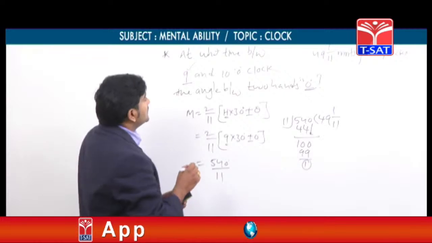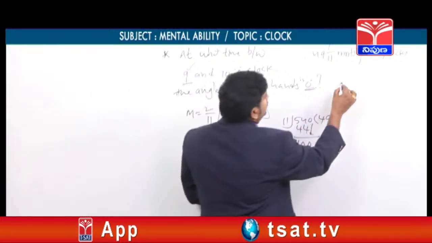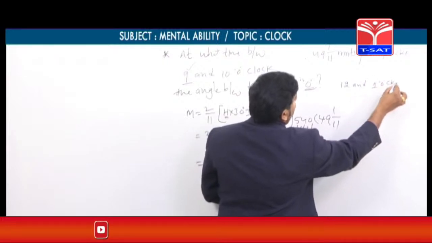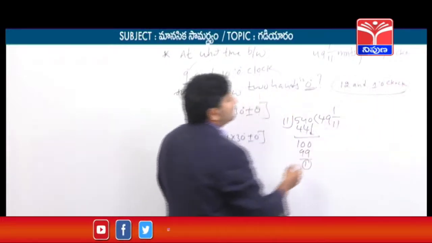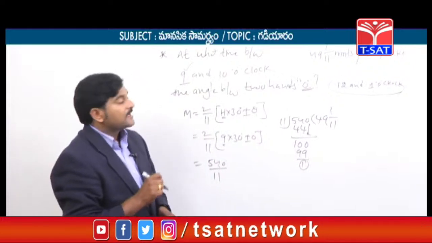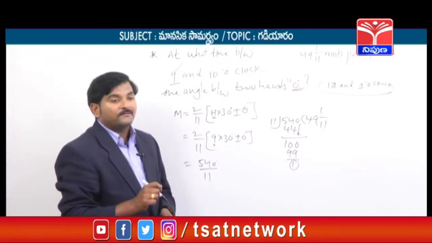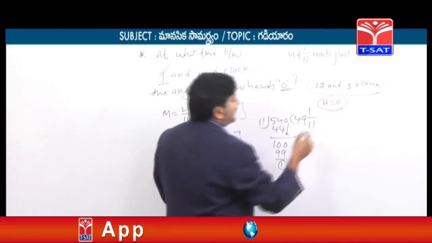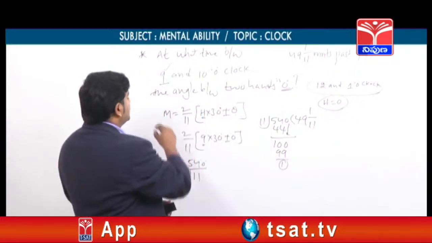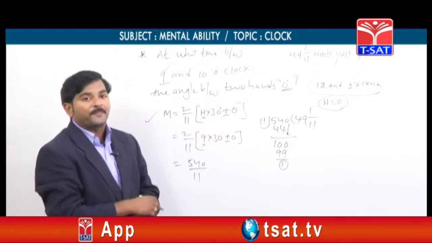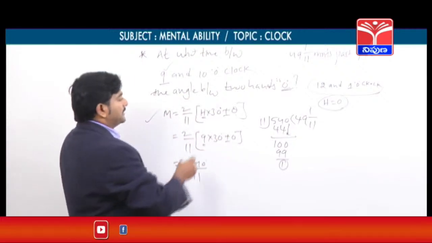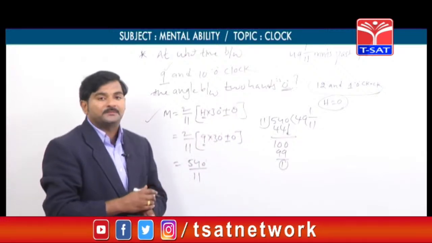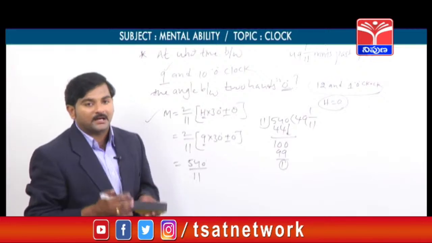But sometimes, for example, if he mentions 12 o'clock and 1 o'clock for the same question, since our starting hour is 12, we need to take h equal to 0 instead of 12. I already told you earlier, when we were discussing this problem, m equals 2 by 11 into h into 30 plus or minus theta. These are the two problems related to the coincide concept.